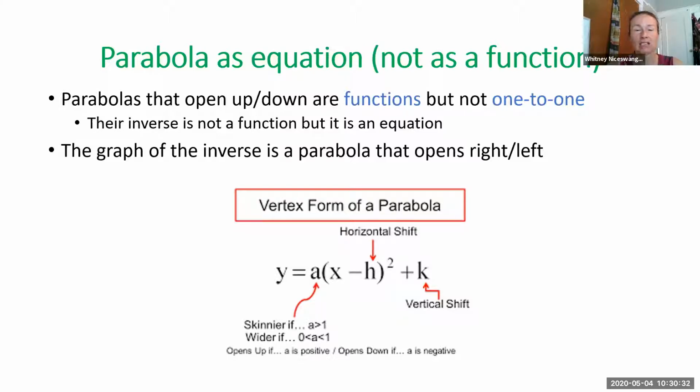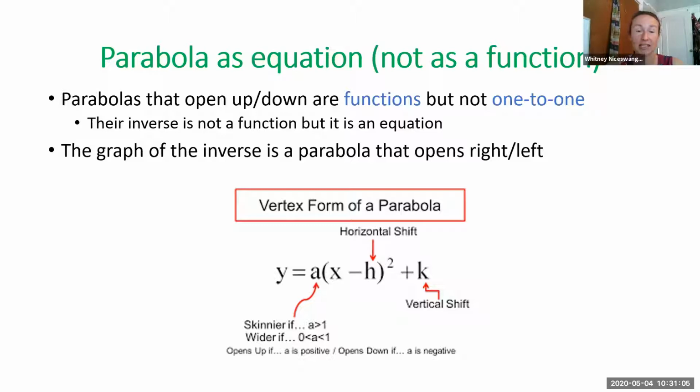Let's look at the equation of parabolas that we worked on so far. The vertex form of a parabola is the form we like to keep it in, where we say y equals a times (x minus h) squared, plus k. A lot of times a is just 1. That a makes it skinnier or wider. Remember that h is the horizontal shift of our vertex, and k is the shift up and down.